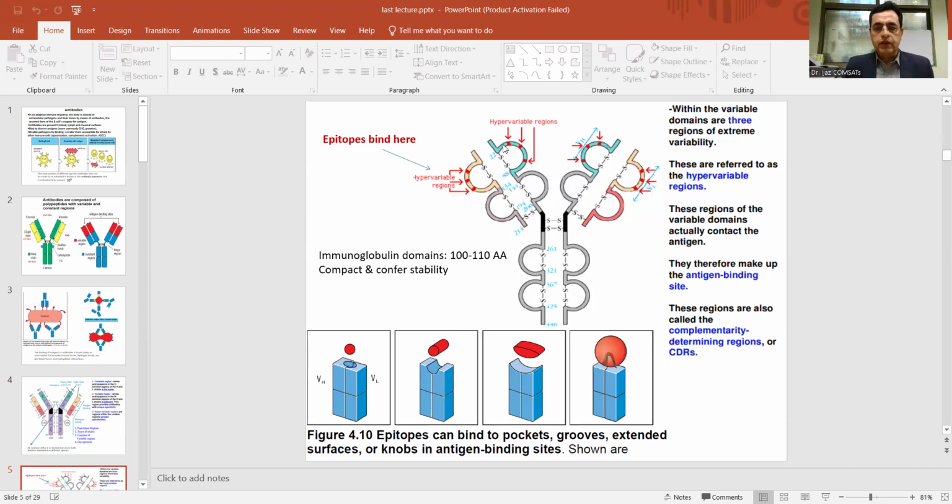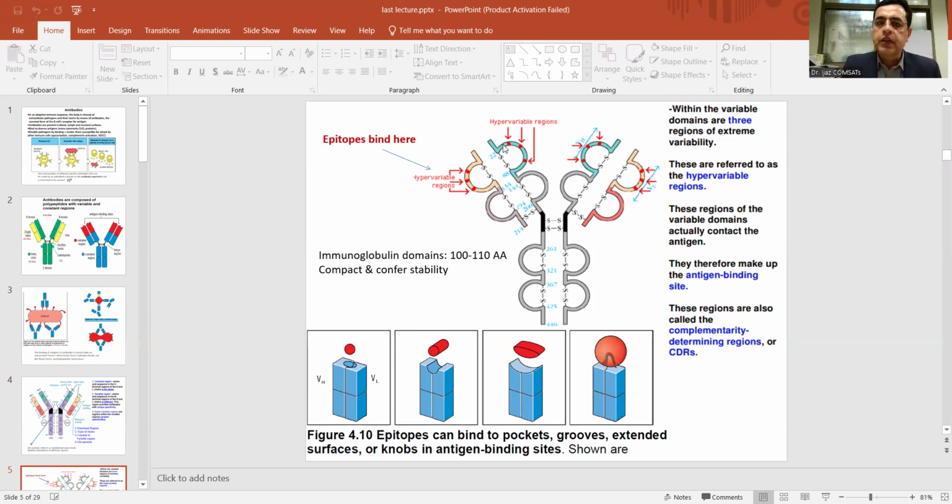This CD is different from the CD molecules that we usually use when we call T cells CD3 positive, CD4 positive T cells, or CD8 positive T cells. That is cluster of differentiation, which is a different thing. Here, CDR means complementarity determining regions.